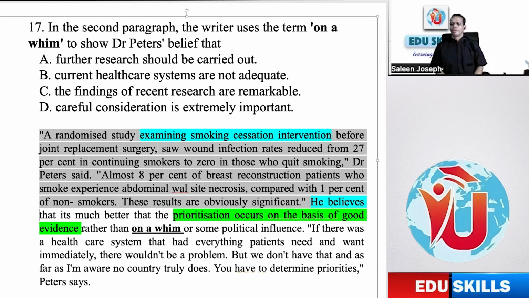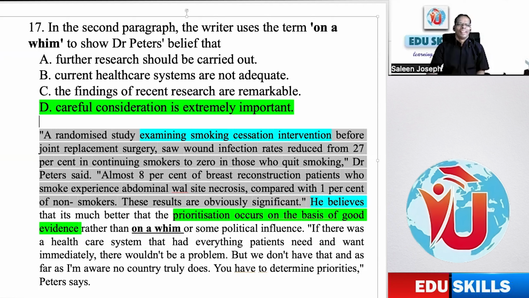If you have to do it on the basis of good evidence, what do you have to do? Where will you find evidence? Further research should be carried out? Careful consideration, evidence means careful consideration, right? Careful consideration is extremely important. Don't go with your whims and fancies, on a whim or for some political influence.